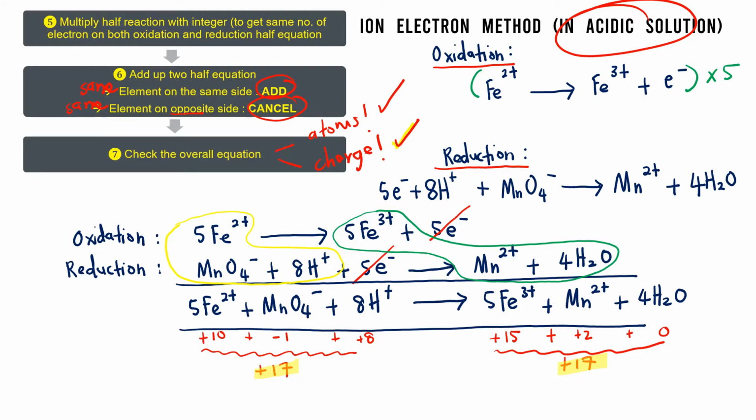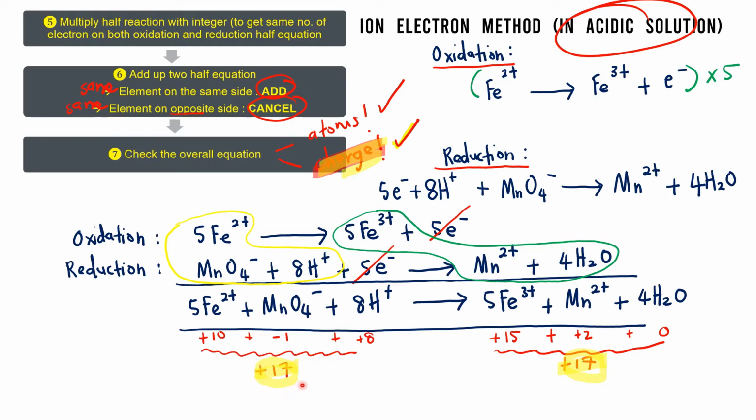Okay, so untuk charge ini, you have to make sure that the bilangan of the charge must be balanced di sebelah kiri and sebelah kanan. So it doesn't matter what will be the nilai, okay, and it is not supposed to be 0 nilai charge sahaja. Okay, it can be any charge value, asalkan the amount of charge yang sebelah kiri and kanan ini should be sama. Okay, it doesn't need to be 0 only.